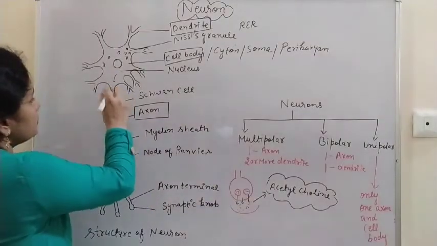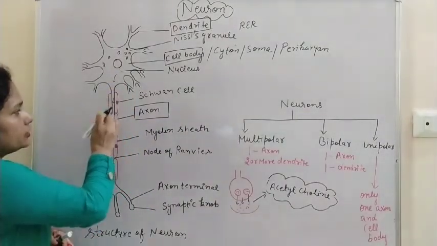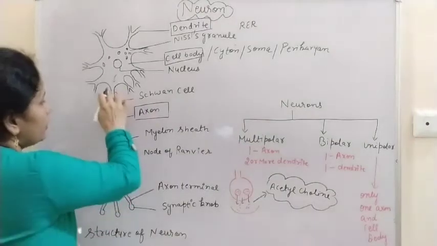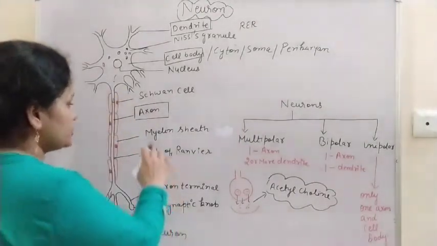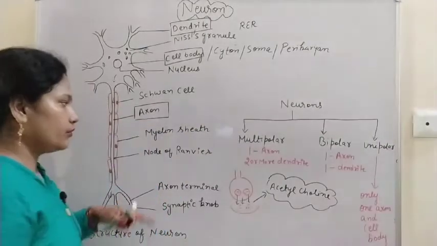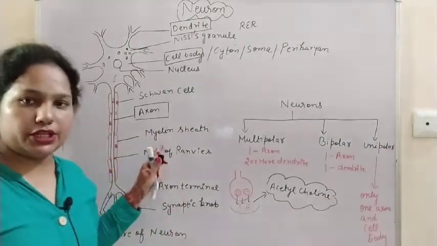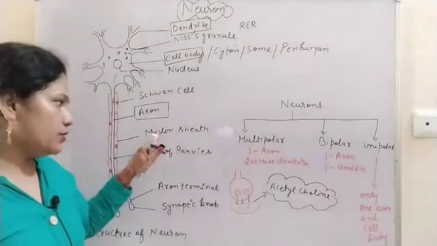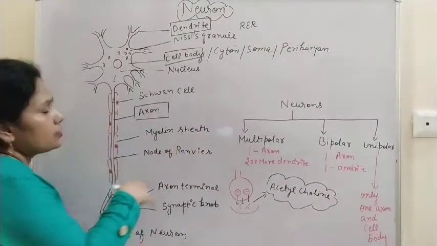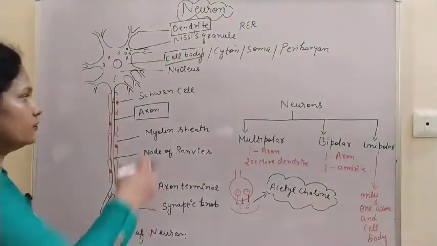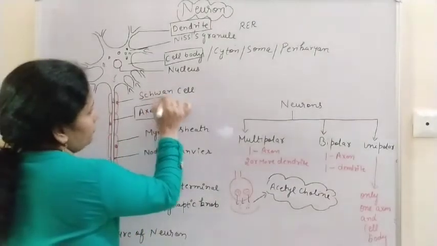After that, this axon part is covered by a layer, and that layer is known as the myelin sheath. It is made up of a protein and lipid, and so it is known as the myelin sheath. And this myelin sheath is formed by a cell, and that cell is the Schwann cell.